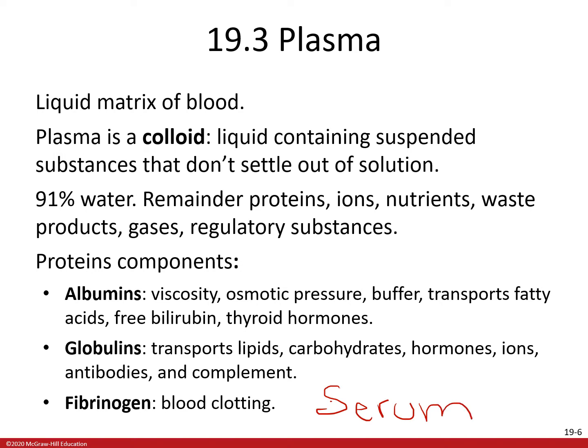S-E-R-U-M is going to be plasma minus clotting factors. So if we took the plasma out of our blood and then we also excluded any clotting factors, including fibrinogen, we would get something called serum.